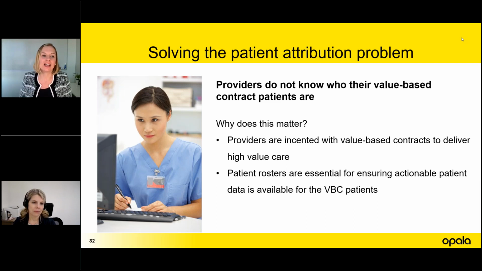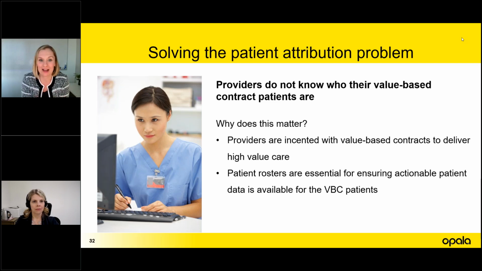So I know that's a tangent, but I want to share it because the Da Vinci ATR API implementation guide is just that. It's a reliable, automated way to get lists of patients to providers. And there's so many use cases for that. But this use case in and of itself is a very worthy one.